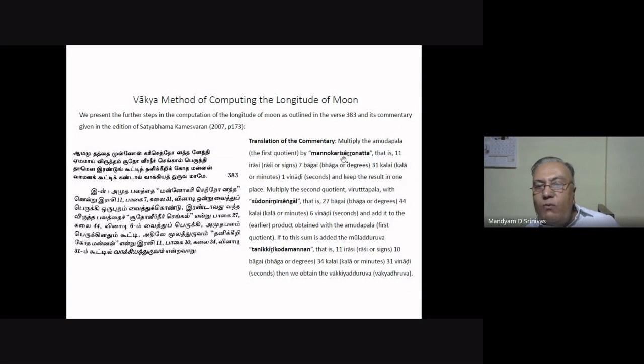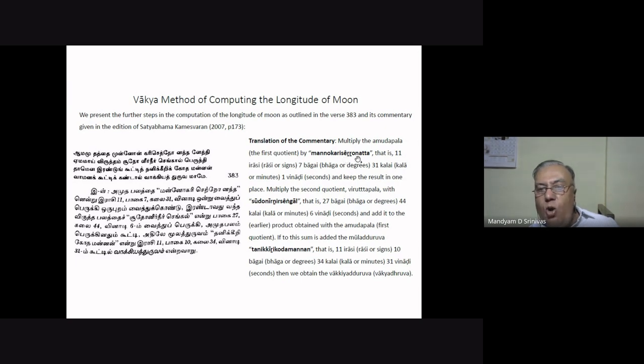I'll just explain one of these Tamil phrases to show how this number works. Manno kari chetro natta. Ma is 1. No, O is 0. So this corresponds to 0, 1 seconds. Kari: ka is 1, ri is 3. So 31 kalai. So it is 1 vinadi, 31 kalai.